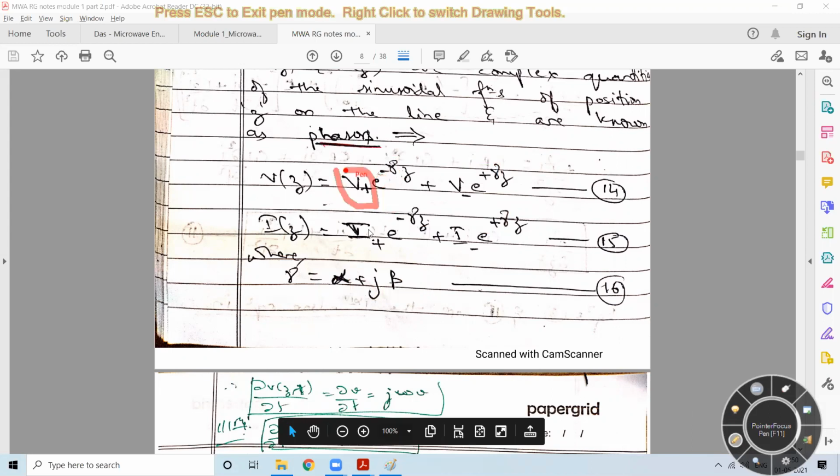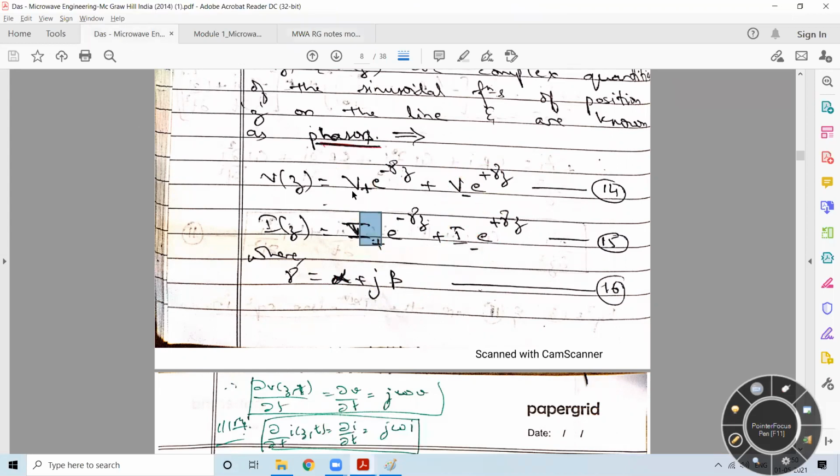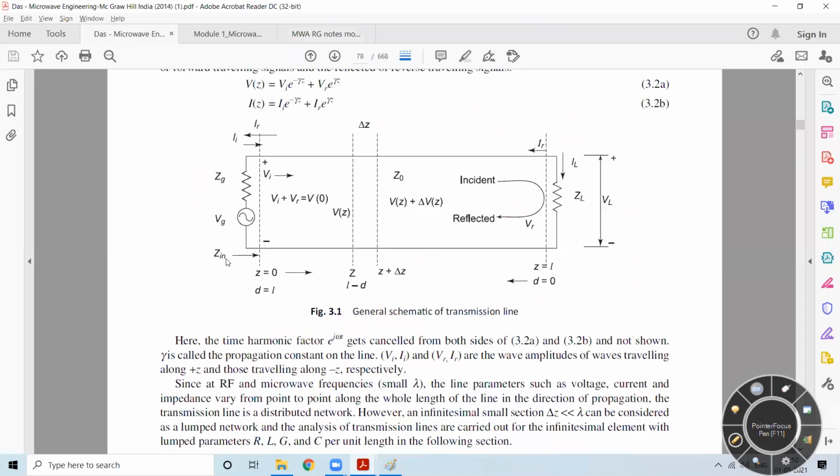V plus and I plus are the incident parameters. V minus and I minus are the reflected parameters. That is what we saw over here.